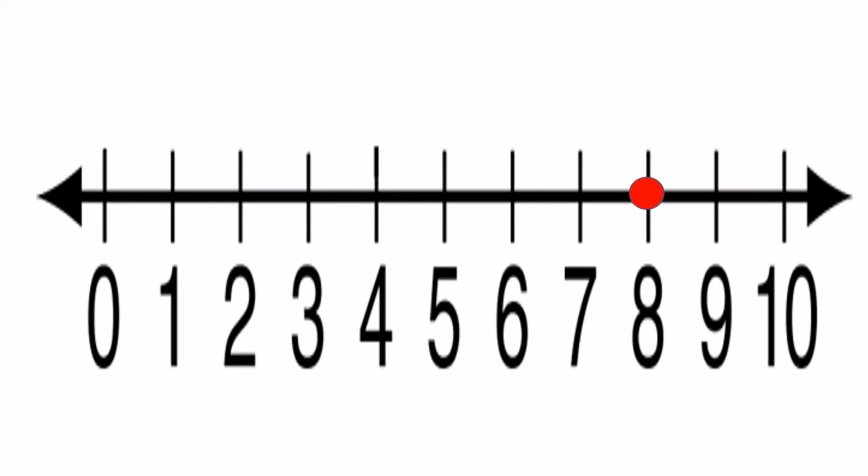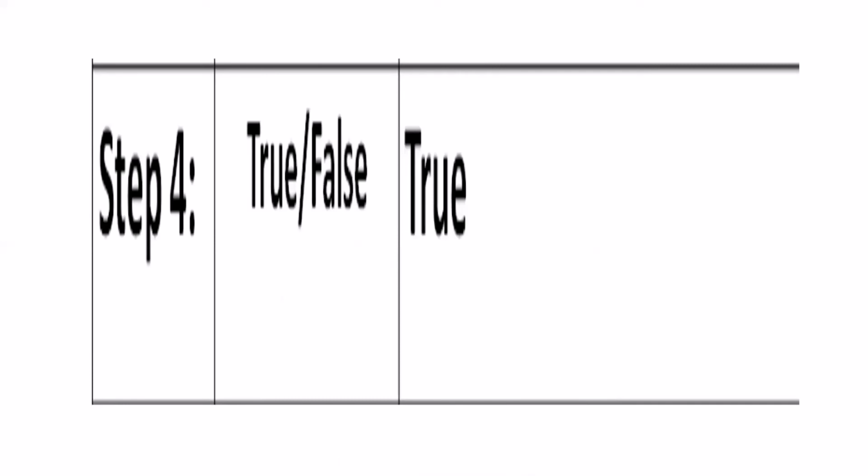Now I'm going to shade in all of the possible values or possible solutions that are less than 8. Here I have graphed an inequality showing x is less than or equal to 8. My possible solution would be true.